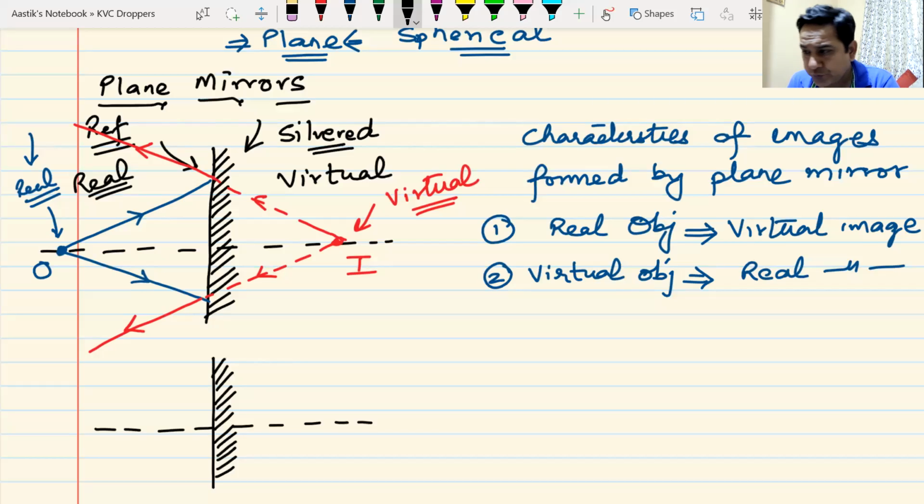Okay, then it's my humble duty to do it. How do I have a virtual object? Here is how you can have a virtual object.